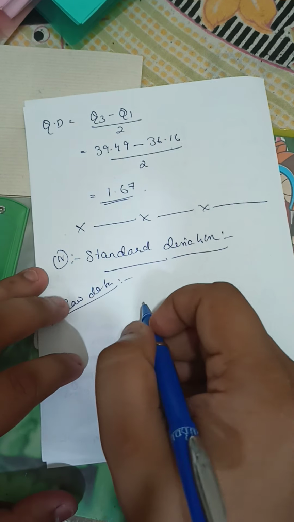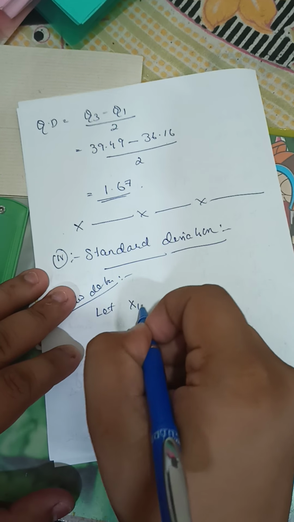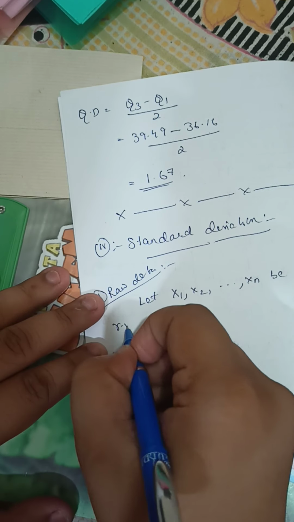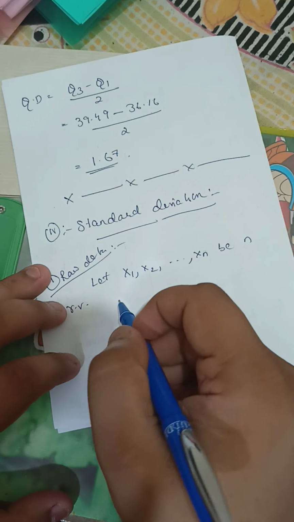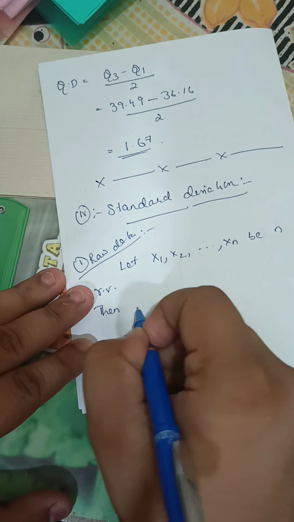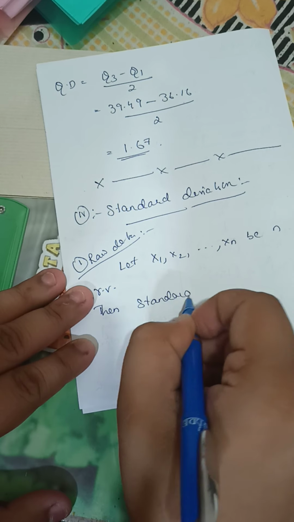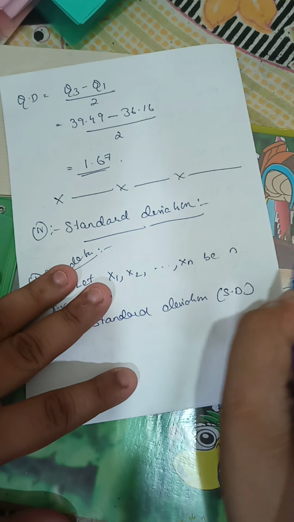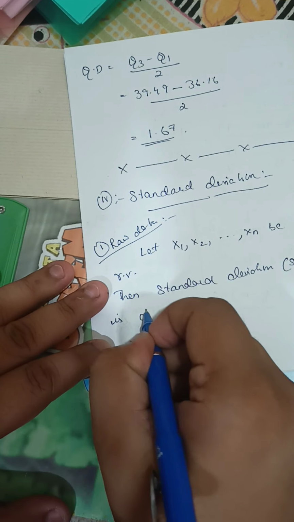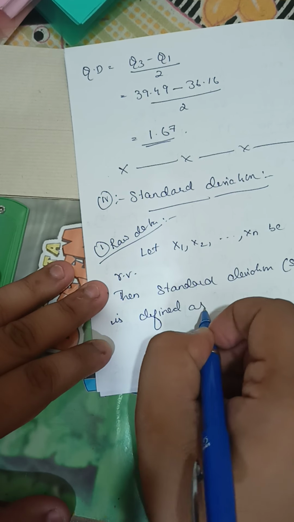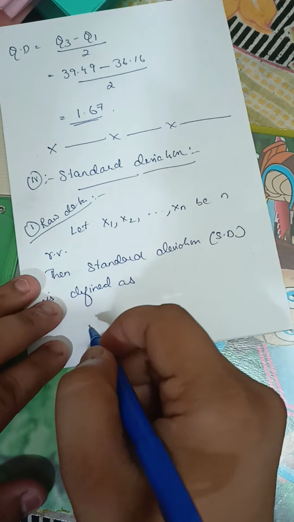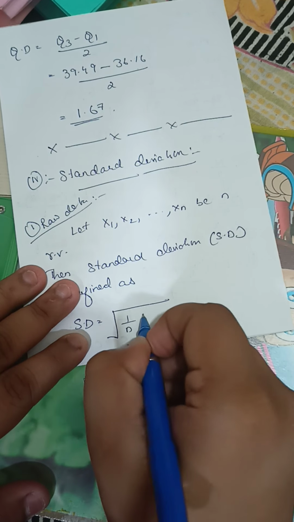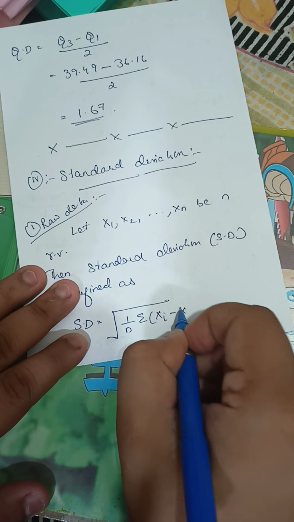Suppose x1, x2, etc., xn are n variables, then standard deviation, or SD, is defined as SD equal to root of 1 by n summation xi minus x bar the whole square.